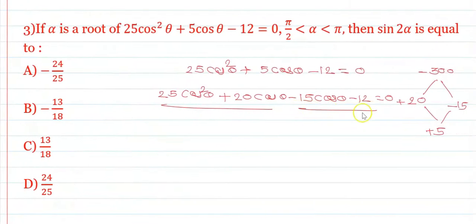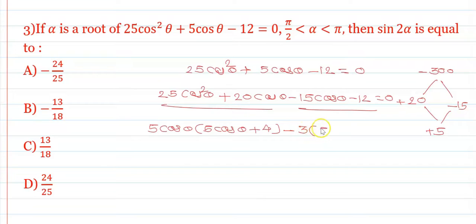Now from the first two terms we'll take the common, that is 5 cos theta, and then in the bracket you will get 5 cos theta plus 4. Next, from the next bracket you can take the common as minus 3.